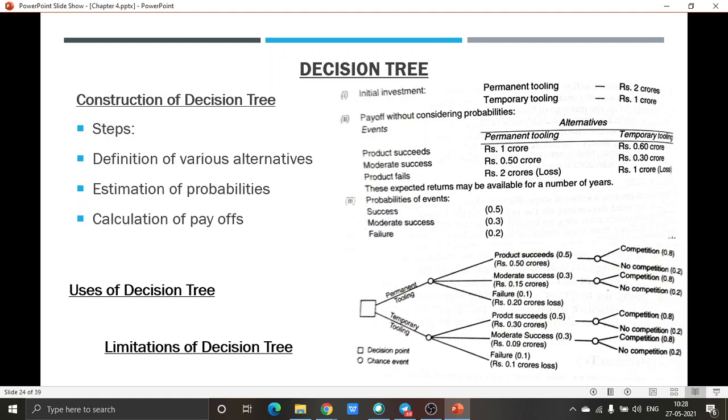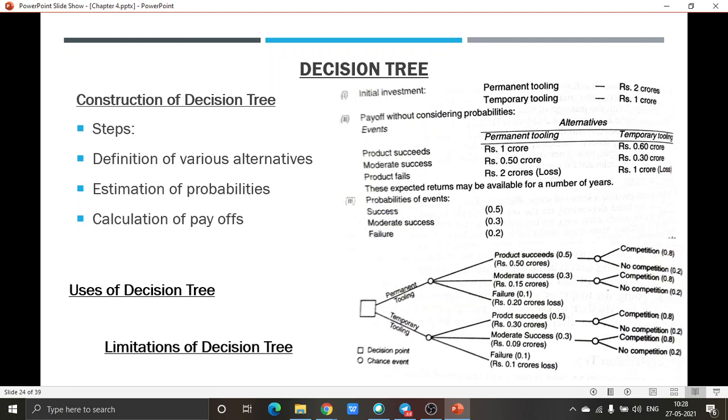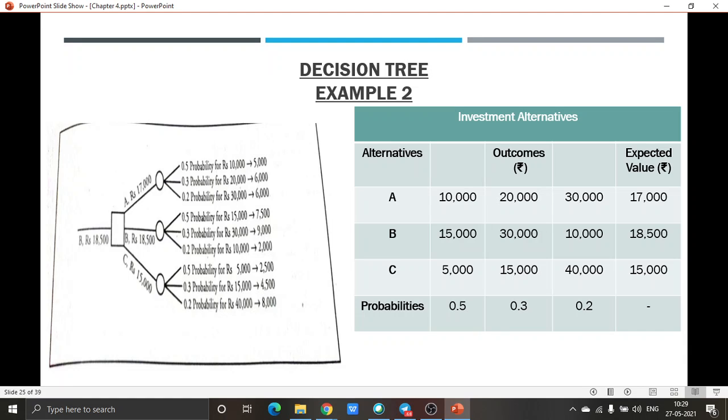So such decisions can be chalked out on the basis of a decision tree. Now, if this particular example was difficult or complex for you, we can consider another example.